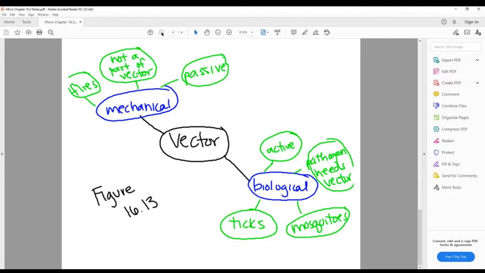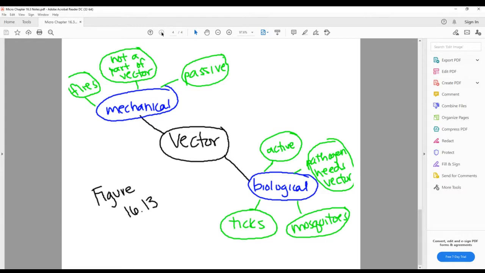In biological vector transmission, the pathogen has to have the vector. This is an active form of transmission because the pathogen and the vector are intertwined, so to speak, and the pathogen is within the vector. So this occurs in things like mosquitoes and ticks.